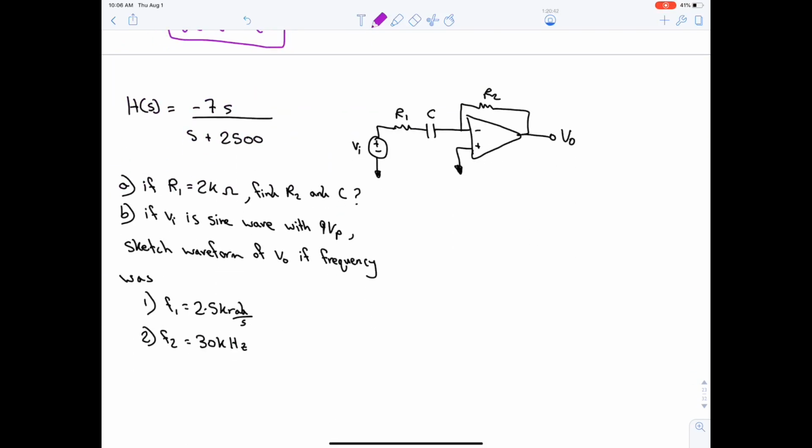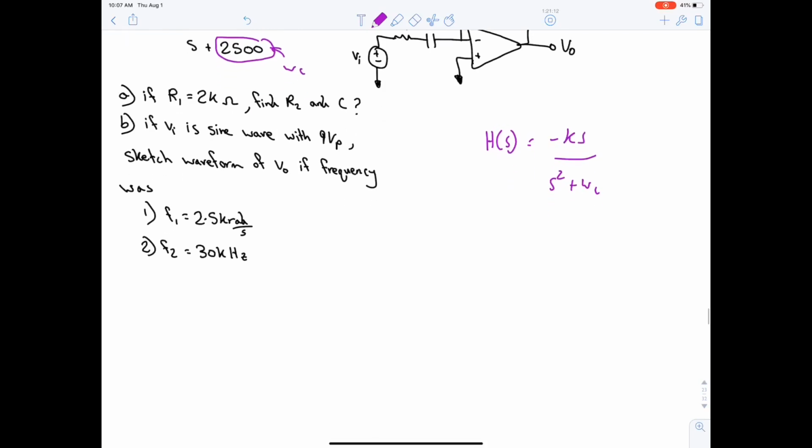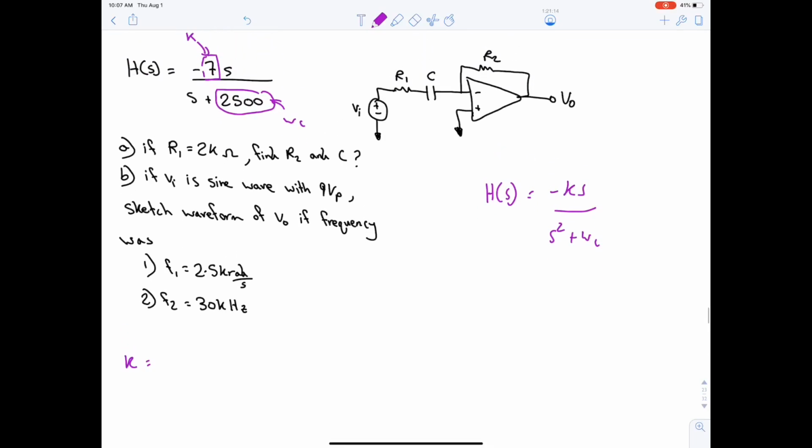Next question. This is an active high pass filter. The general equation for the active high pass filter is minus Ks over S squared plus omega C. Now note that this is the gain, and this is omega C. K is always equal to R2 over R1, top over bottom.